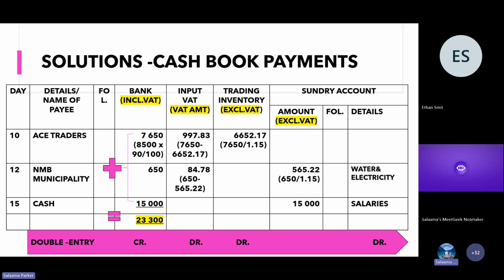Debit salaries, we know, I just mentioned earlier, there will be no VAT calculated for salaries. That is why I did not record any VAT. So please again, just remember your categories, okay? When to calculate VAT and when not to calculate VAT. Okay. Right. And please don't forget to read the instructions.